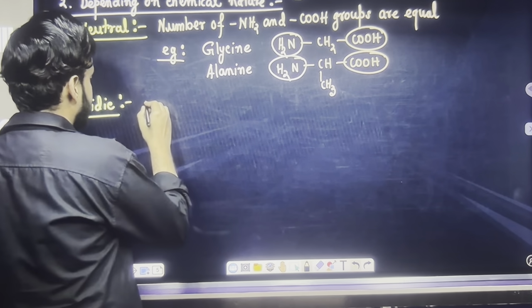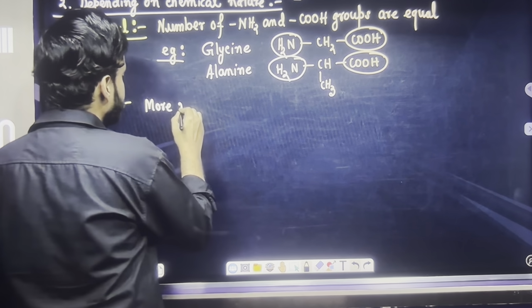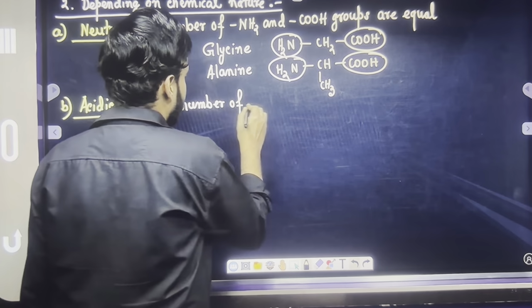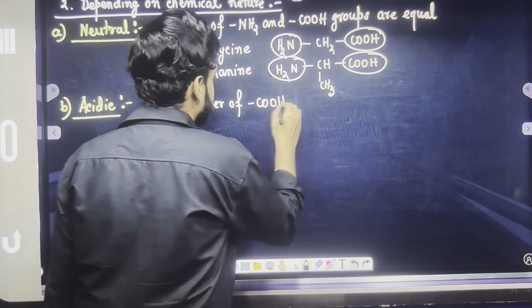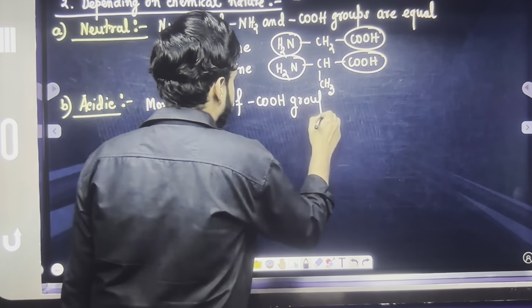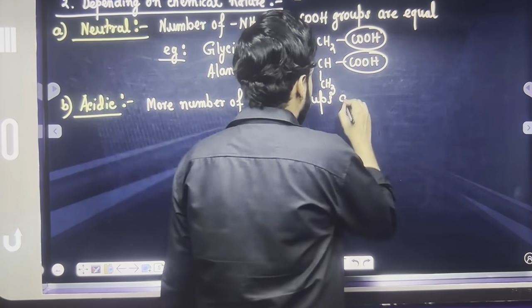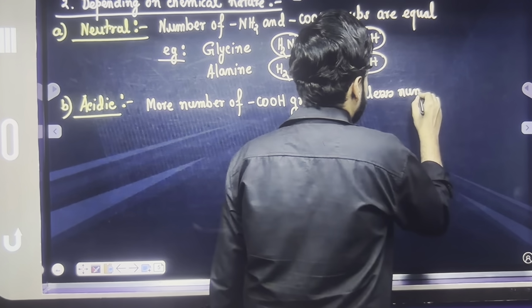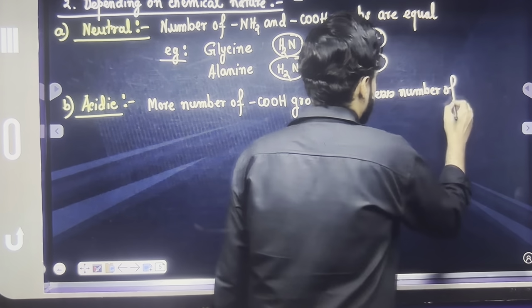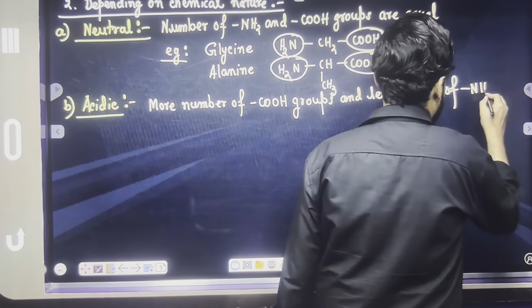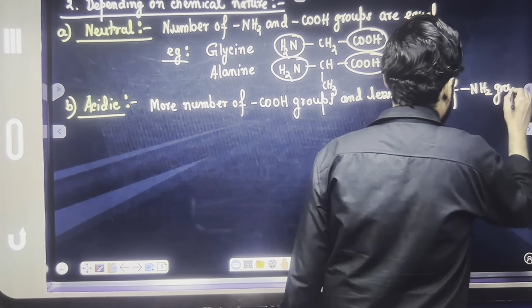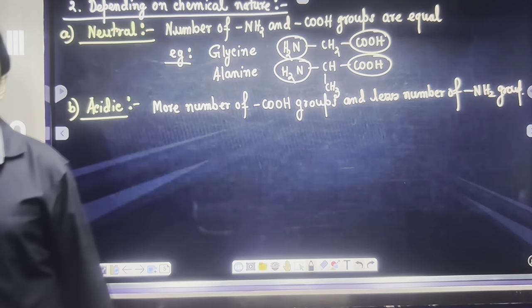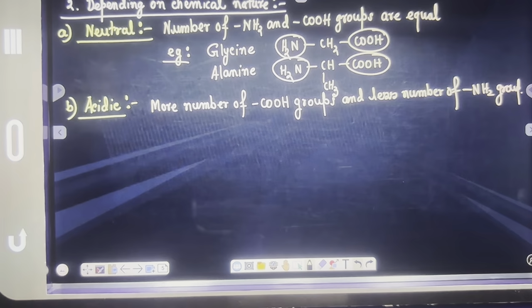So what we can write: more COOH groups and fewer NH2 groups make the compound acidic.